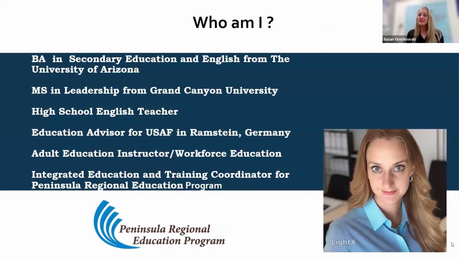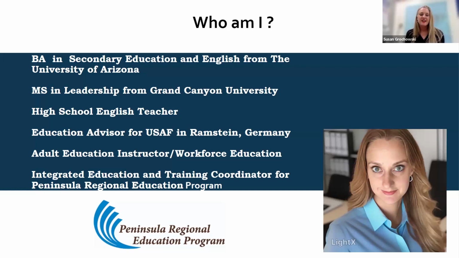All right, so just a little bit about me, so you know my background. I got my bachelor's in secondary education in English from the University of Arizona, which is where I call home. And then I went on and got my master's in leadership from Grand Canyon University. I spent a lot of time as a high school English teacher when I lived in Arizona.